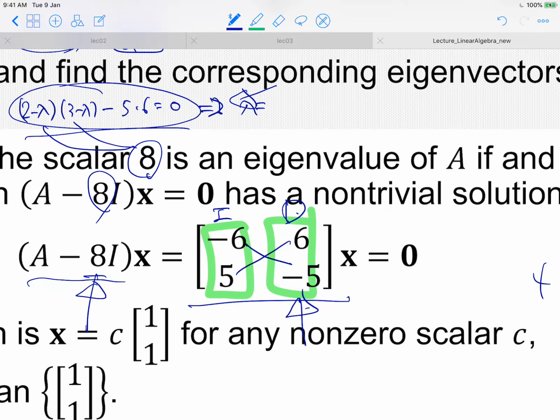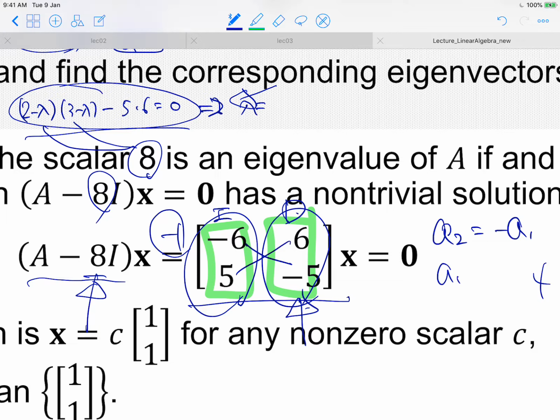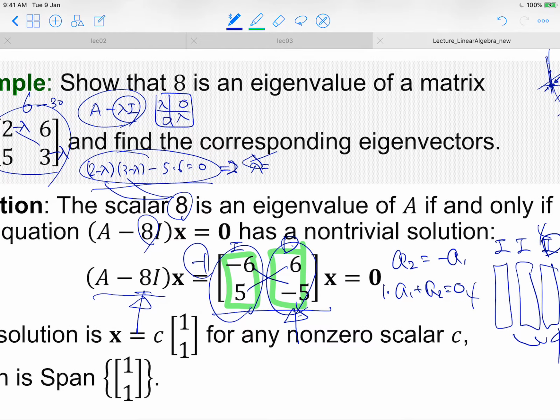So -1 will be our linear combination coefficient: A2 equals -1 times A1, and thus A1 times 1 plus A2 is 0. One of the solutions will be 1 and 1, right? That would be the linear combination coefficient to make the 0 vector.